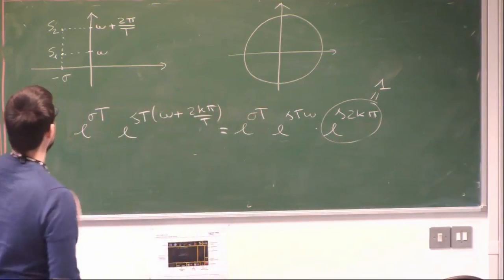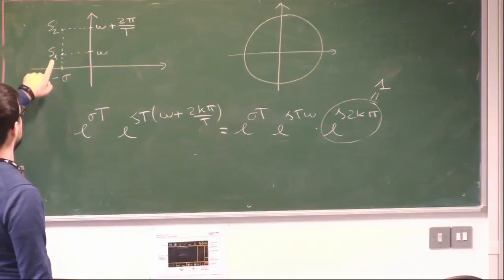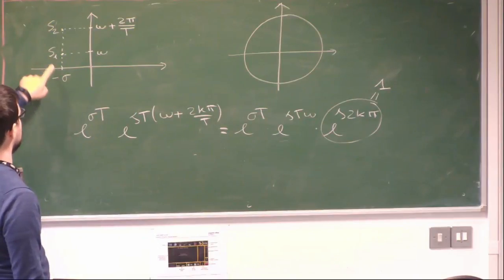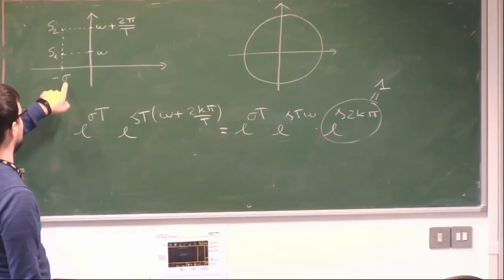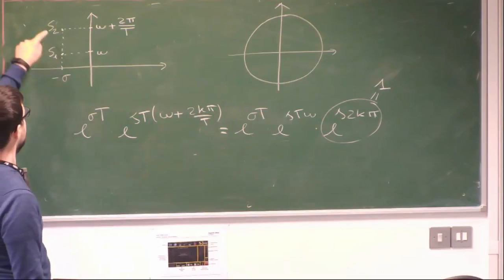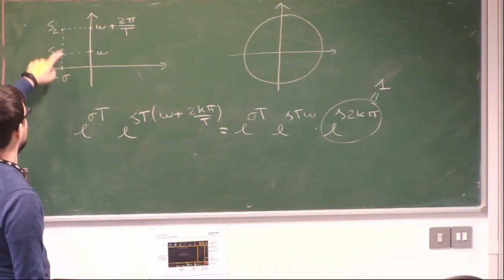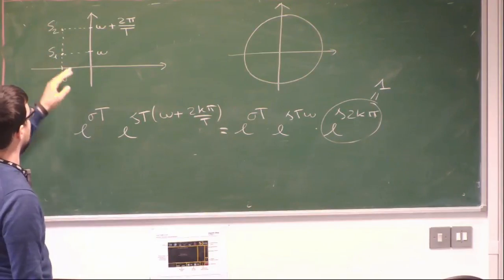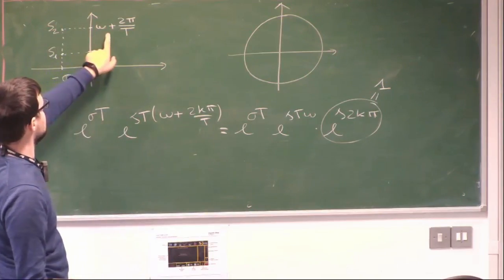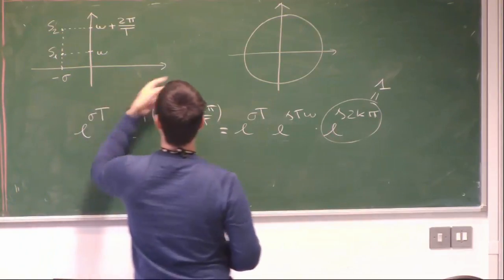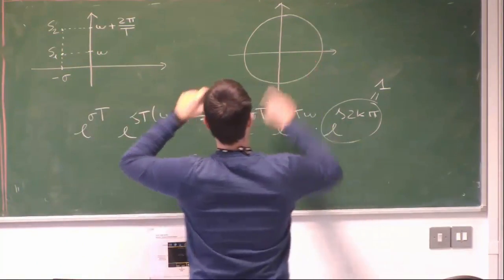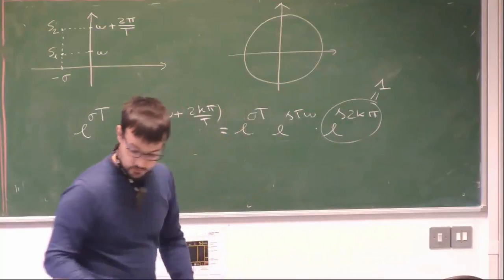So we consider 2 points, okay? The point S1 that is given by minus sigma plus j omega, and then the point S2 that has the same real part, but the imaginary part is omega plus 2 pi over T. And now we want to map these 2 points in this plane. So let's do this.